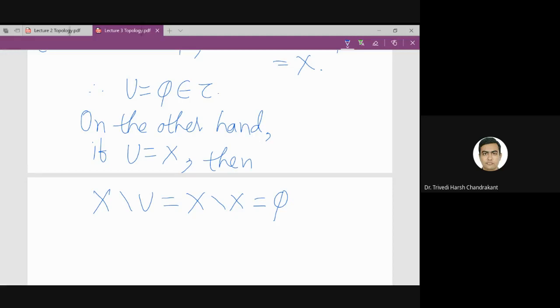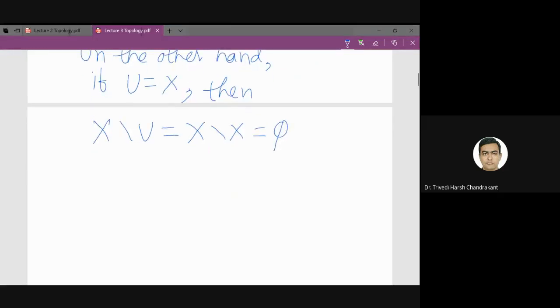If you recall, a set is finite if either it is a null set or it is isomorphic to the set of natural numbers 1, 2, up to n, for some fixed n, right? So therefore in this case what we are getting is that x minus u is phi, which is a finite set.